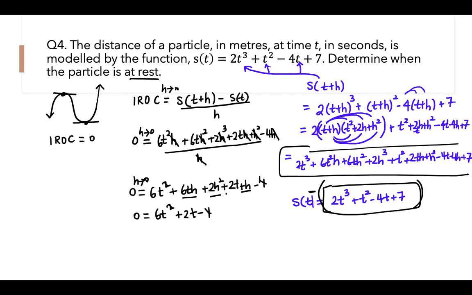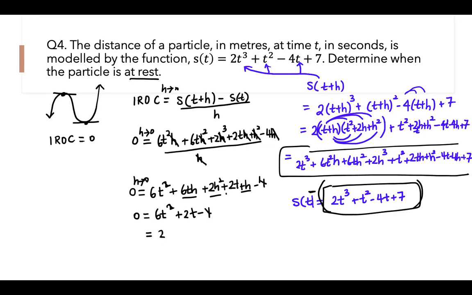Now we have to solve for T. As you can see, you want to factor. There is no common factor in this case. Oh, there is a common factor. You could also do a trinomial. So I am going to factor out 2.